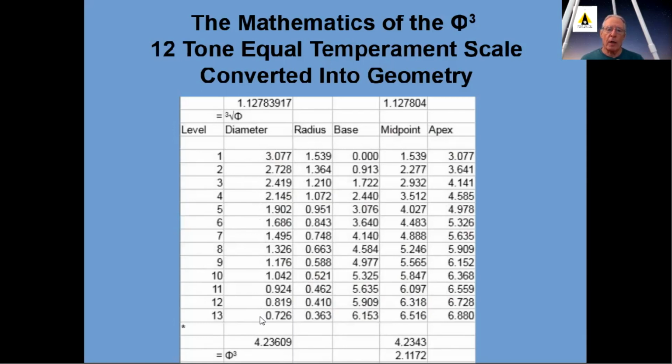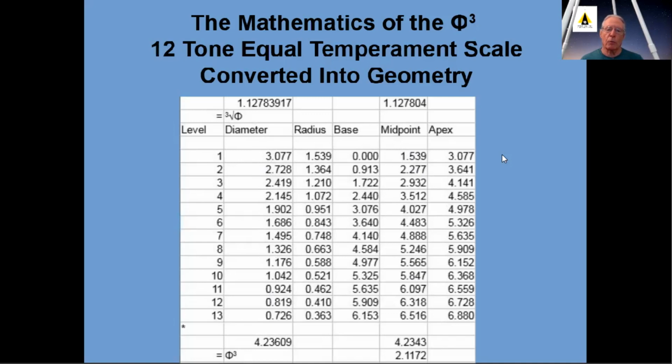The radius in each case is just half the diameter. So the key is developing the 12 diameters and the 12 midpoints to complete this process.